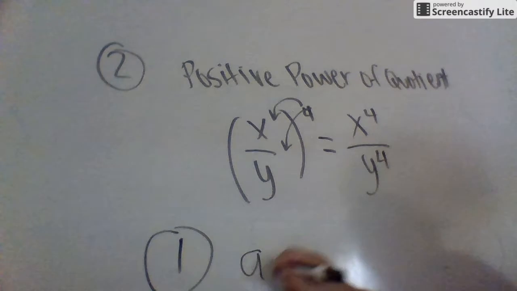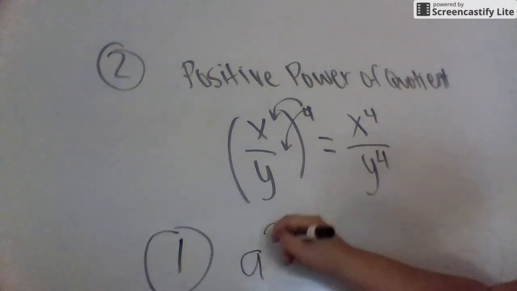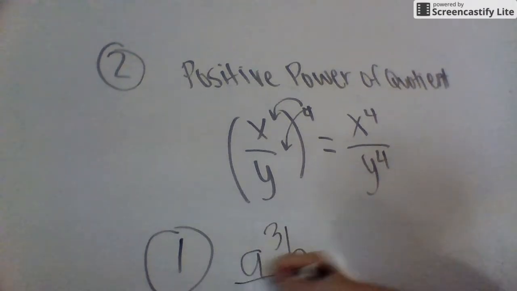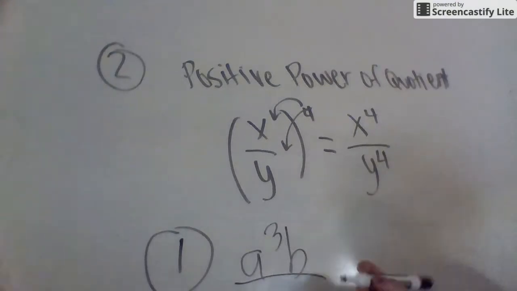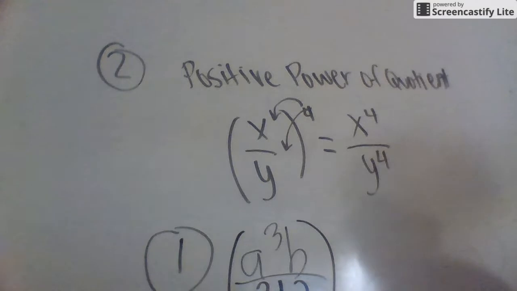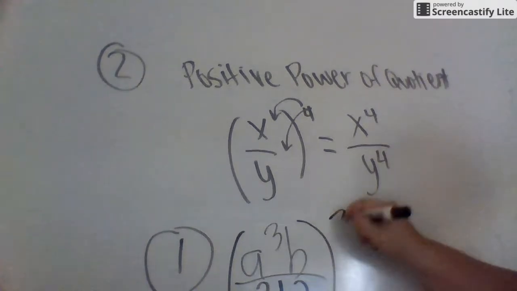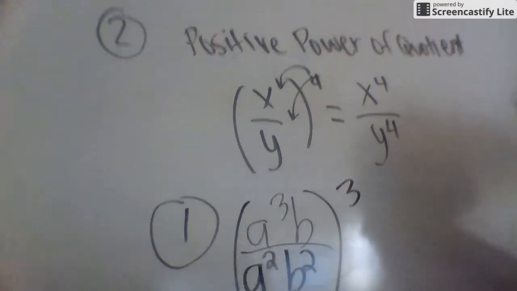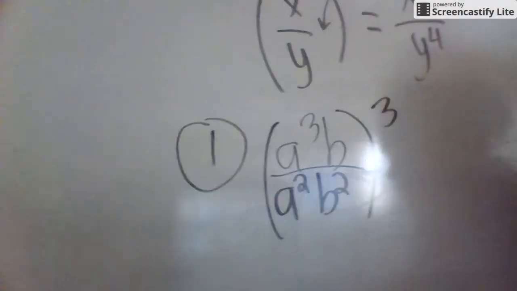If I have a to the third, b all over a squared, b squared, and we're going to raise that whole thing to the third power. See how much you can see.